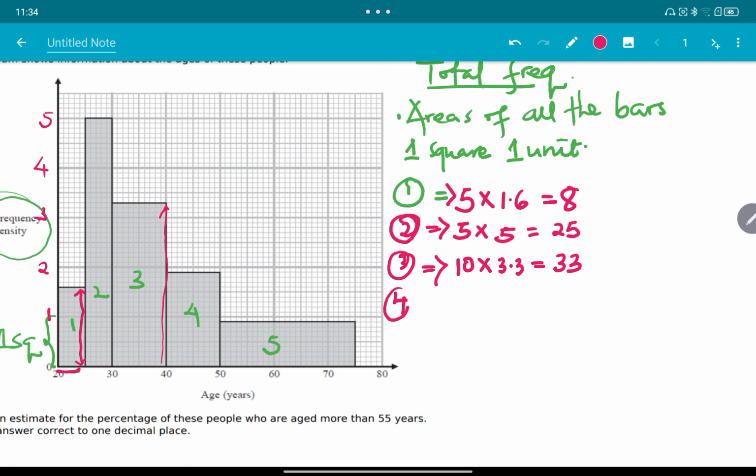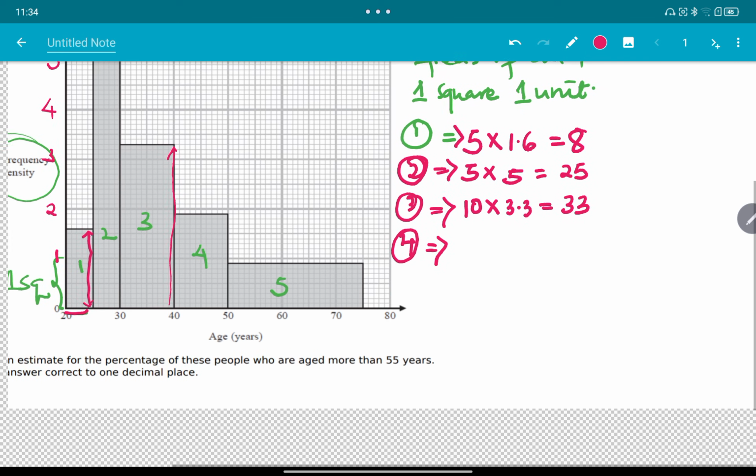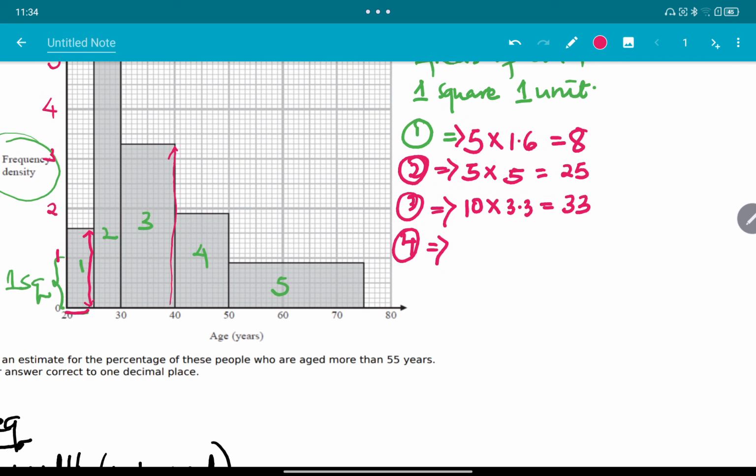I move to the fourth one. The fourth one, the same, it is 10. So 10 times 1.9 gives me 19. And then the last one is 25 times the height that we have there, which is 0.9.